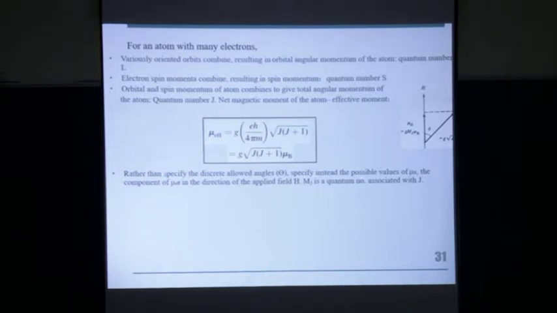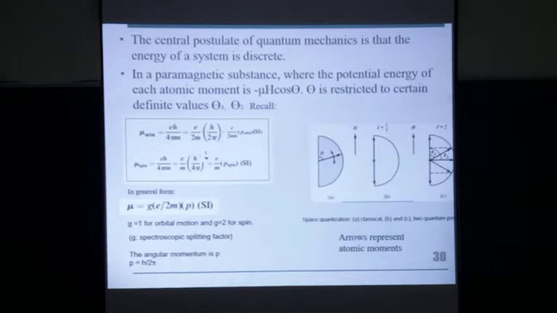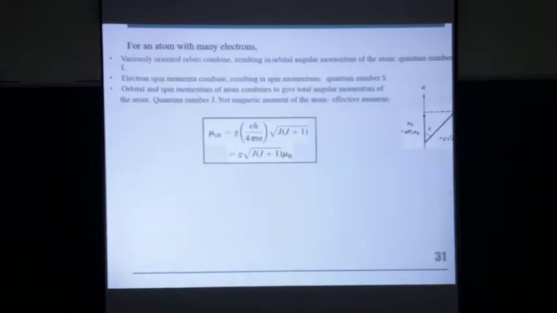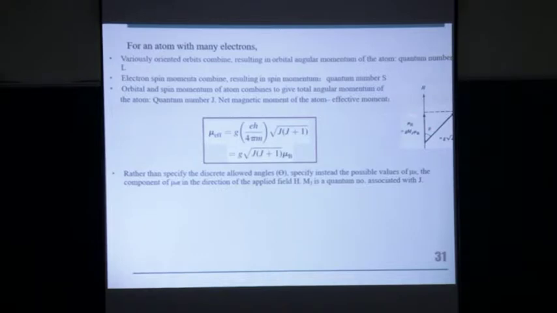Instead of saying which theta is allowed, we can say this also, but instead what we do is we talk about the potential values of the atomic moment in the direction of the field. So this is the mu effective, and it is aligned with the field, you get mu H.